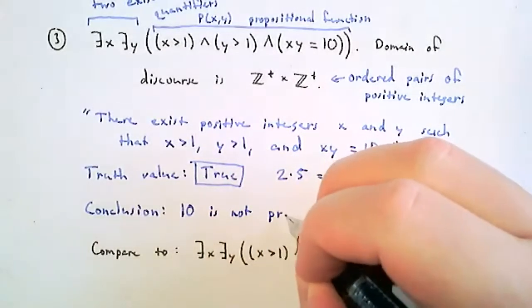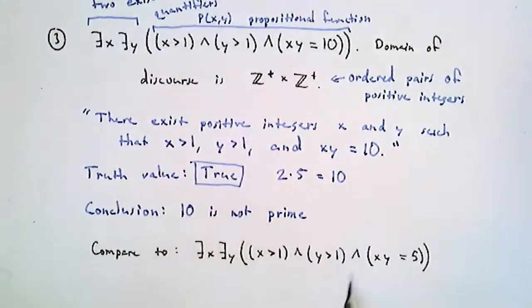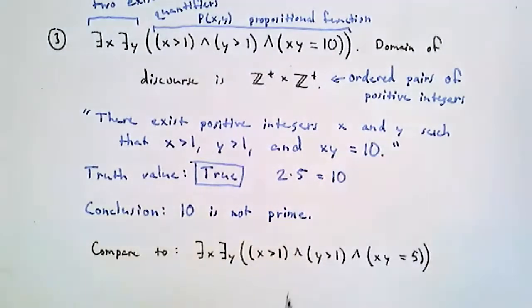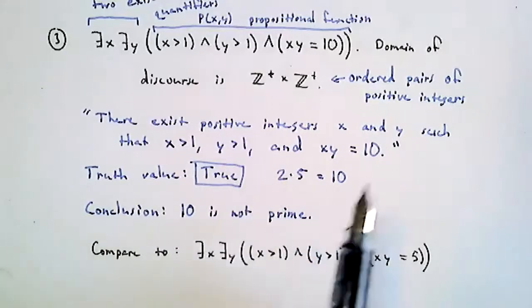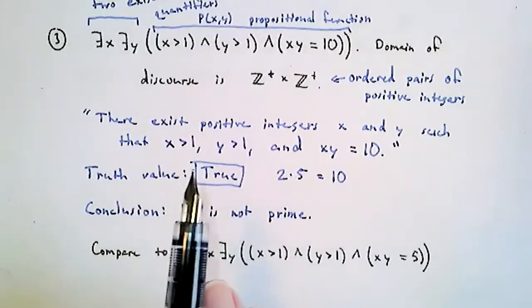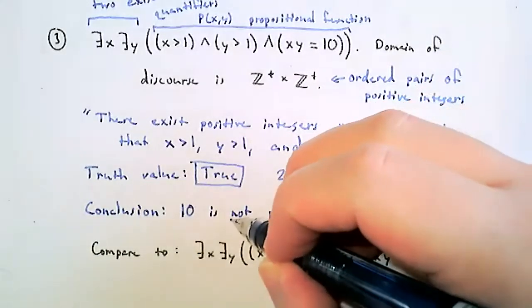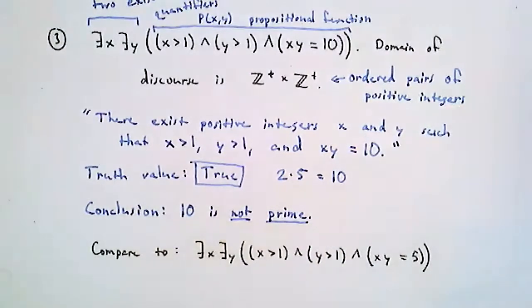Remember, a prime number is a number that can't be divided, essentially. So the only positive integers that you multiply to get the number have to be 1 and the number itself in order to have a prime. And this one is not prime, since 2 times 5 is equal to 10.